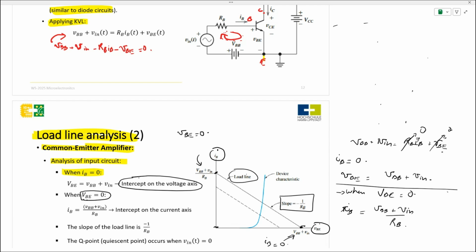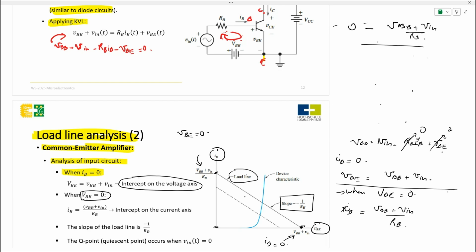At this point our f equals 0, but at this point it equals VBB plus Vin over RB.